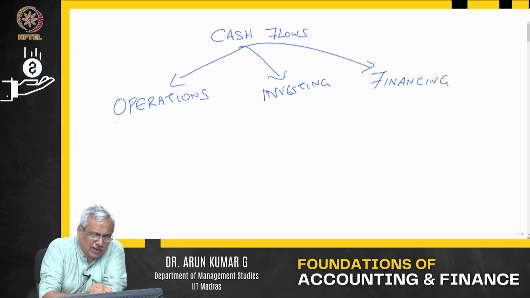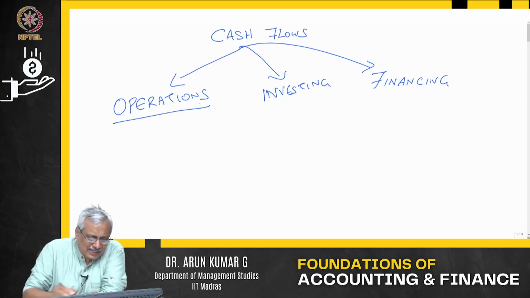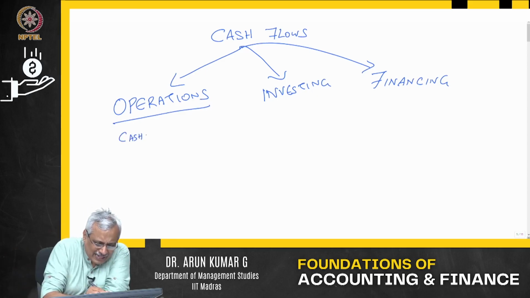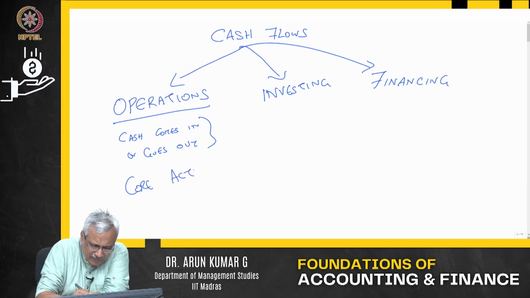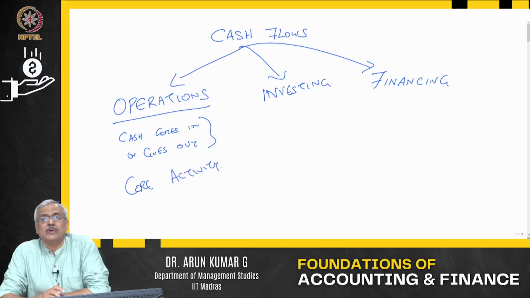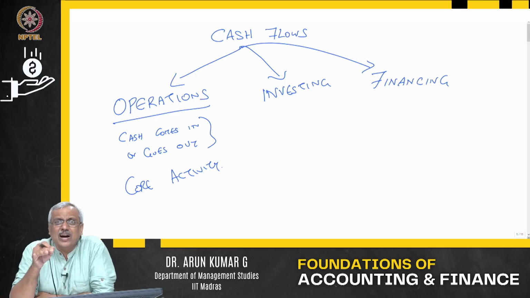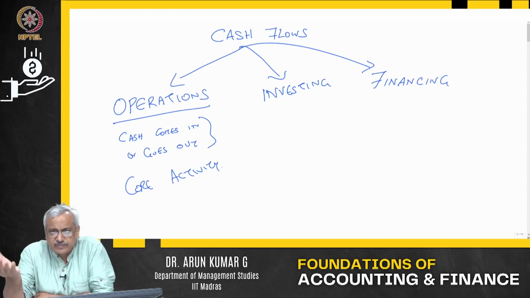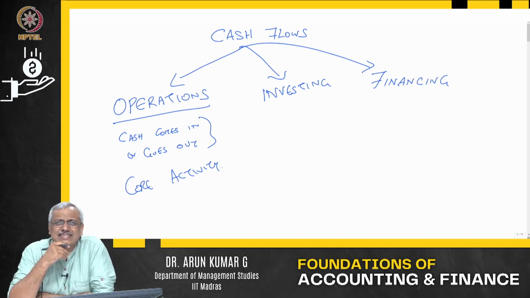When I talk about the core operations, I mean the cash that comes in or goes out due to the core activity of the business. For example, when I pay my suppliers, there is cash going out of my company. I receive money on the sales that I have made, cash coming into the company.